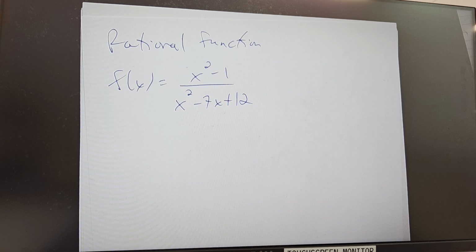What did you guys get for the critical numbers? 1, 4, and negative 2. Yeah, because the top you can factor. Just look at the top. The two things that make it 0 are 4 and negative 2.